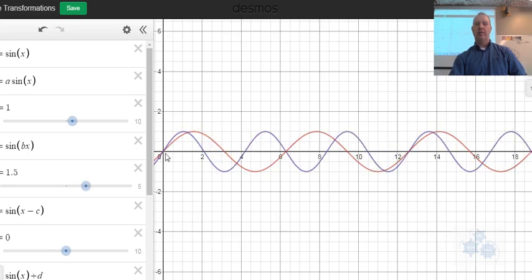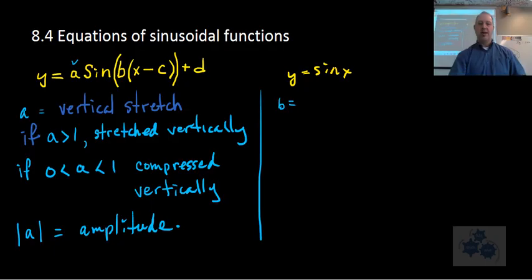See, 1.5: there is 1 sine graph and then 0.5 within that 2 pi span. Or you can say the graph has been compressed by 1 over 1.5. That's 2/3.